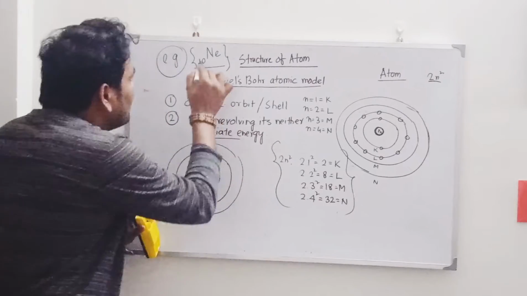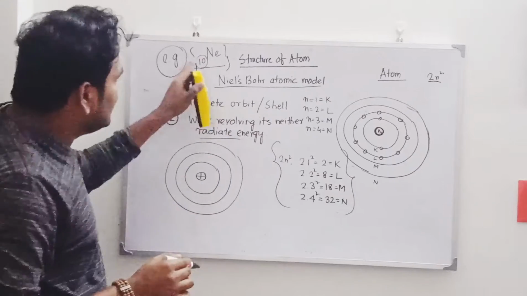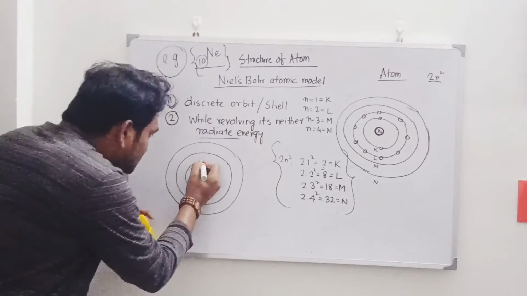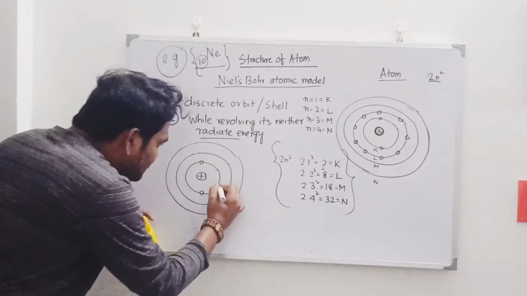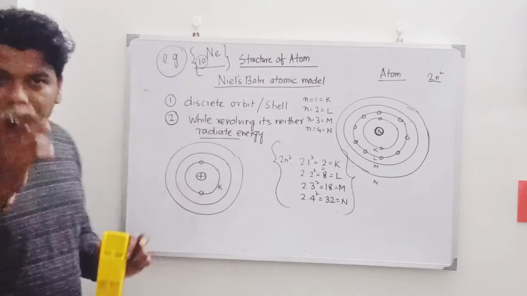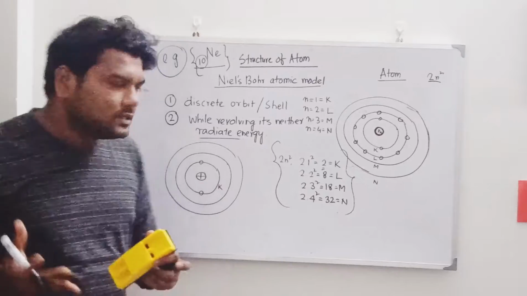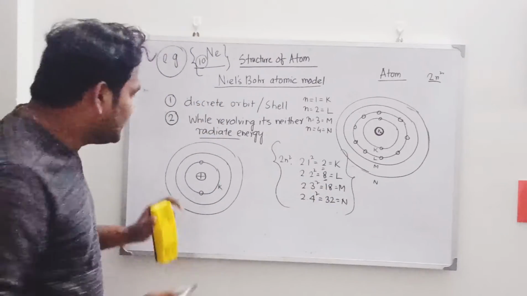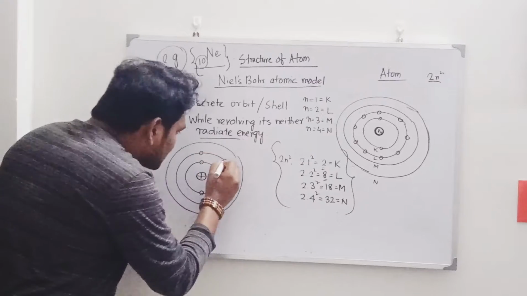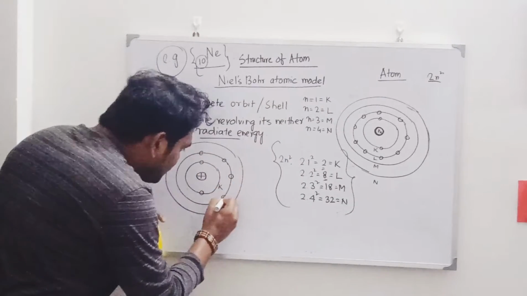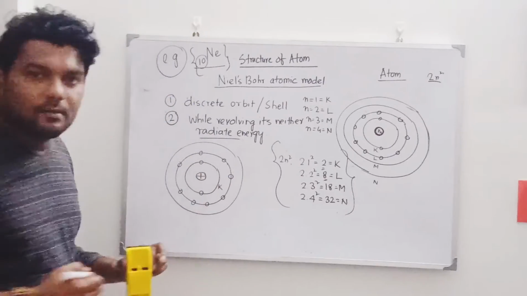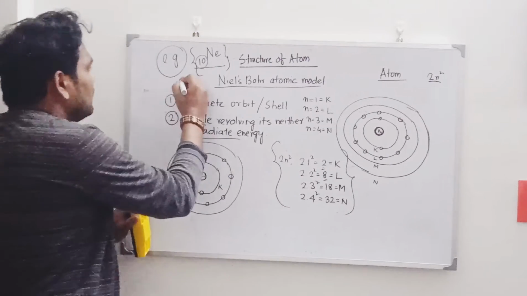As we know the number of electrons is 10, in the first shell there must be 2 electrons, so we assign 2 electrons in the K shell. Then 8 electrons are left, so 8 go in the L shell: 1, 2, 3, 4, 5, 6, 7, 8. So neon is complete.